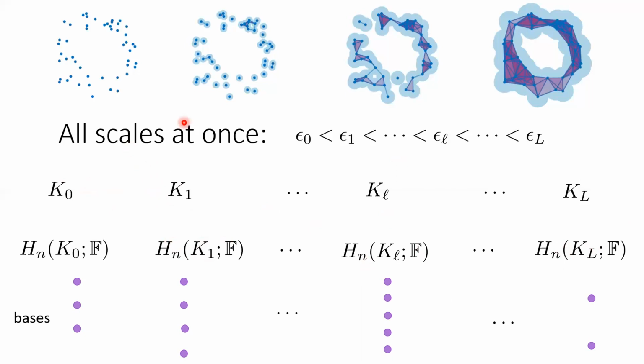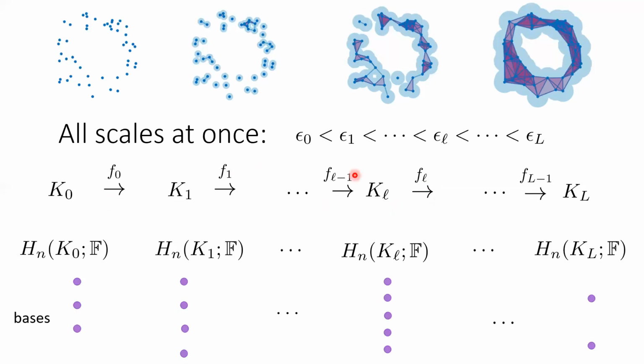So for example, in constructions like the Rips complex or the Čech complex rather, we have that at one scale, let's say at epsilon 0, you get a complex that is contained in the complex at the next scale. And this is contained in the complex at the next scale. And this is contained in the complex at the next scale. So we get these simplicial maps relating the complexes at all the different scales, right? And perhaps these are inclusions, like K0 being included in K1 if these are Rips complexes of the same data set, but perhaps they're just simplicial maps.